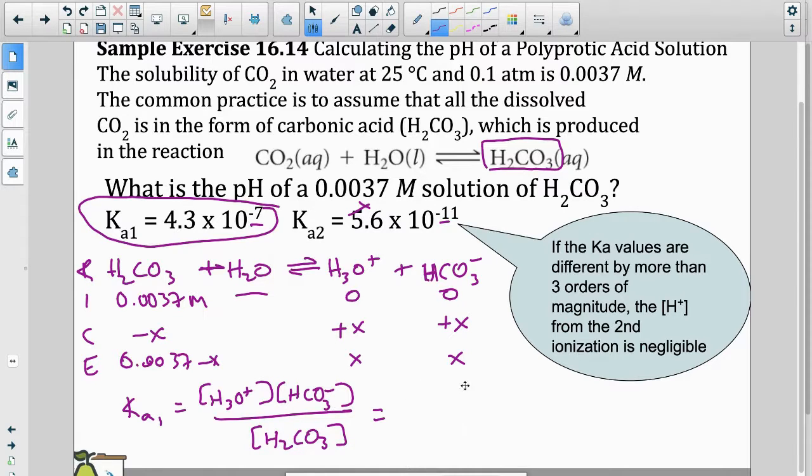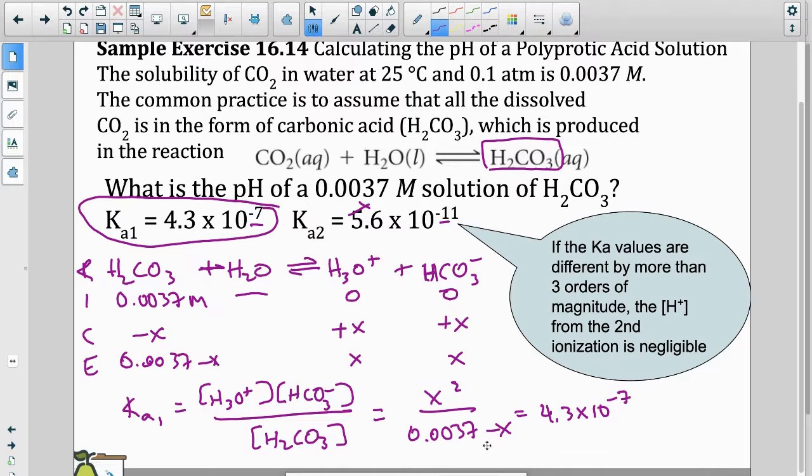Then we get x squared over 0.0037 minus x, and that's going to equal our Ka1 over here, so 4.3 times 10 to the minus 7.